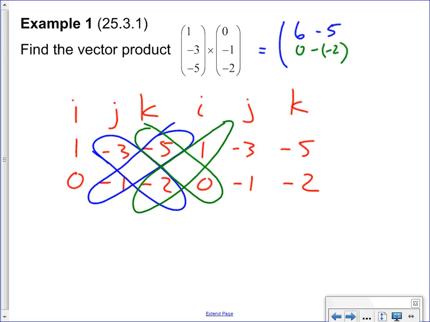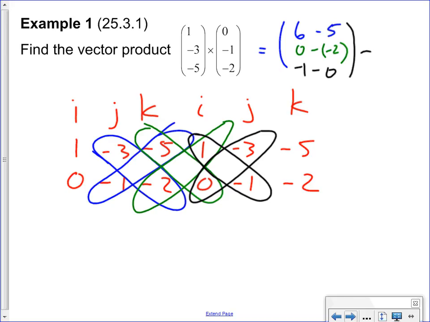And last but not least, for the k's, -1 and 0, so -1 minus 0.